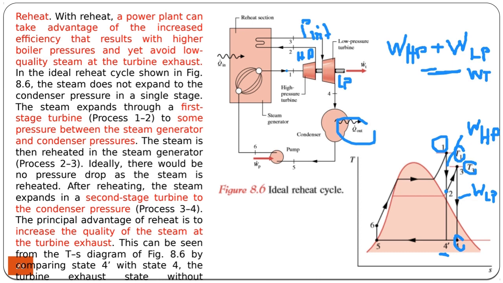So this is the only difference from a cycle which doesn't have a reheat. You just need to sum the turbine works to get the total turbine work, and the rest of the calculations are the same.